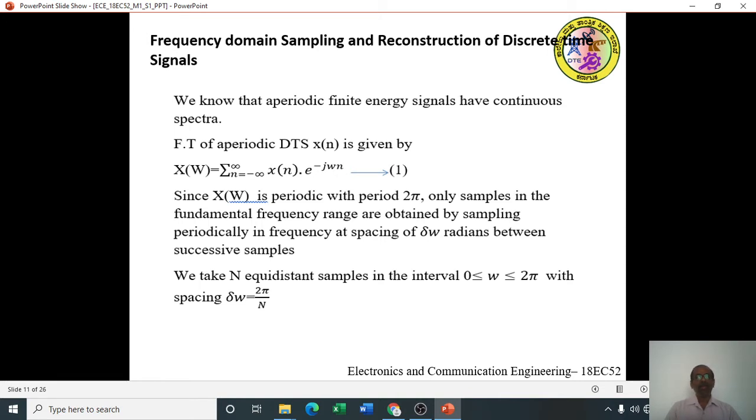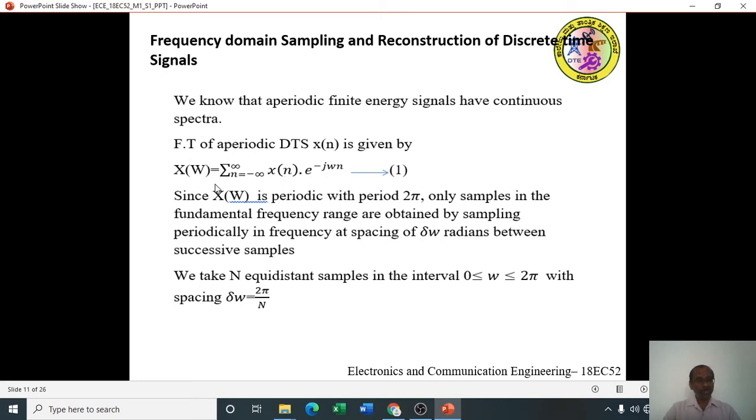Similarly, discrete time Fourier series and discrete time Fourier transform. When we apply discrete time Fourier transform for an aperiodic finite energy discrete time signal x of n, the formula is X of omega equals summation n varying from minus infinity to plus infinity x of n into e power minus j omega n. x of n is the time domain signal, X of omega is the frequency domain representation of x of n.